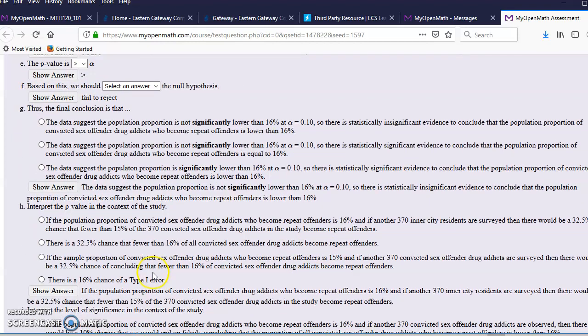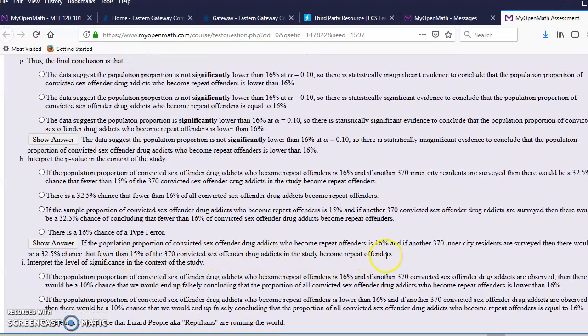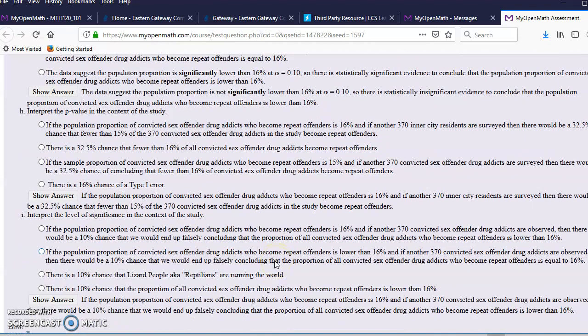And also the interpretation is here. I'll let you pause it and read it if you want. Basically, it says that, well, I'll let you read it.